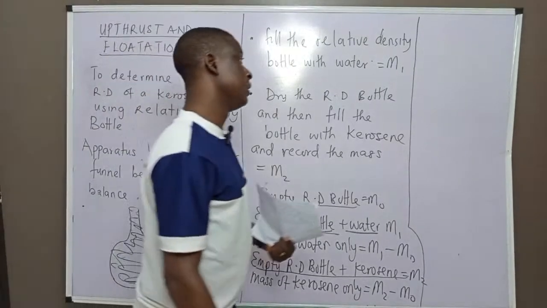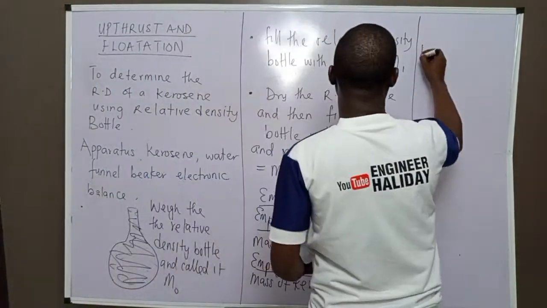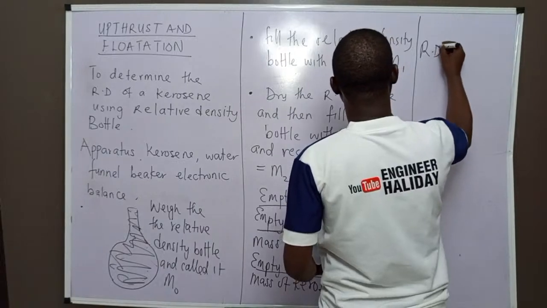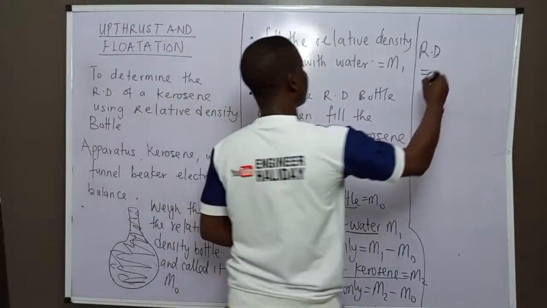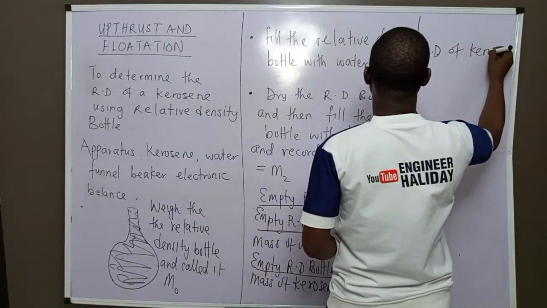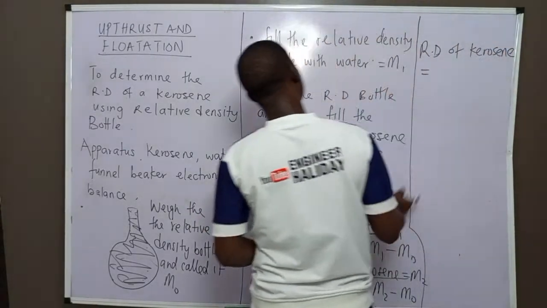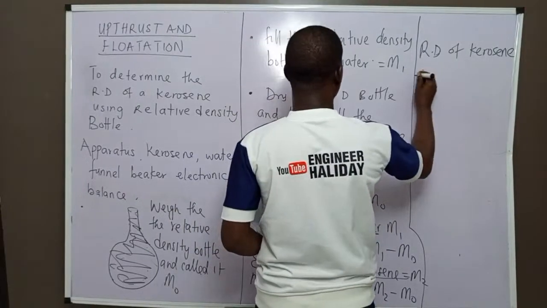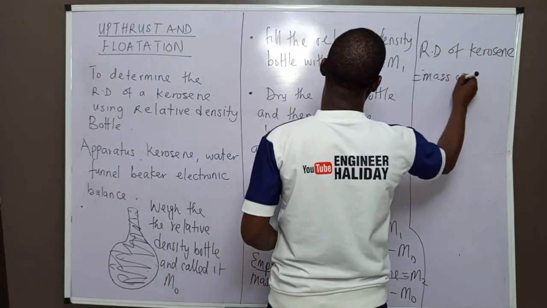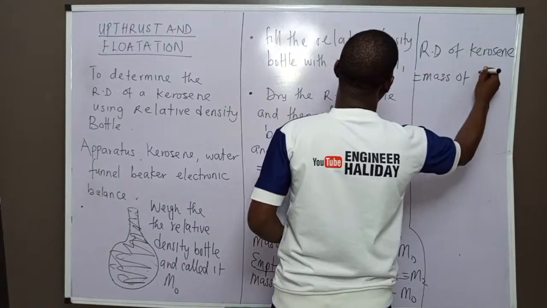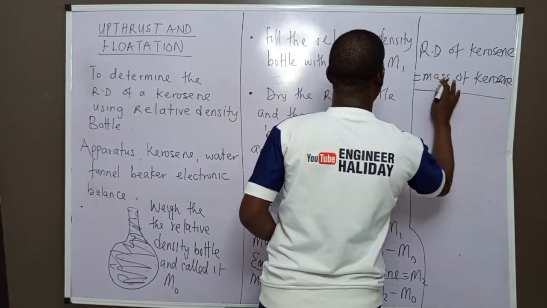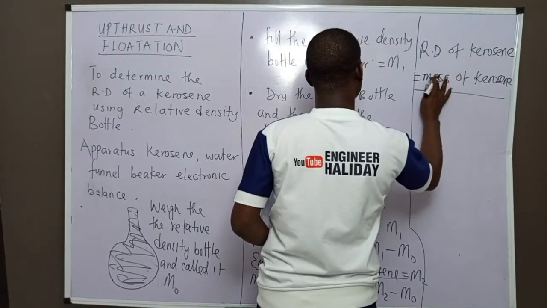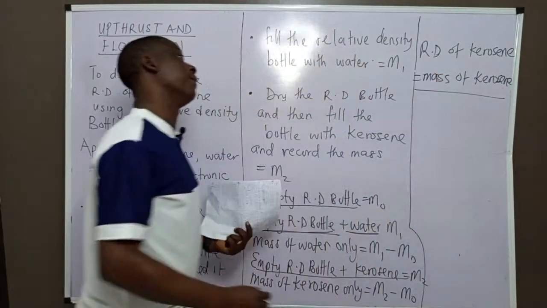Now, let's say we want to calculate the relative density of the kerosene. The relative density of kerosene is equal to the mass of kerosene over the mass of water.